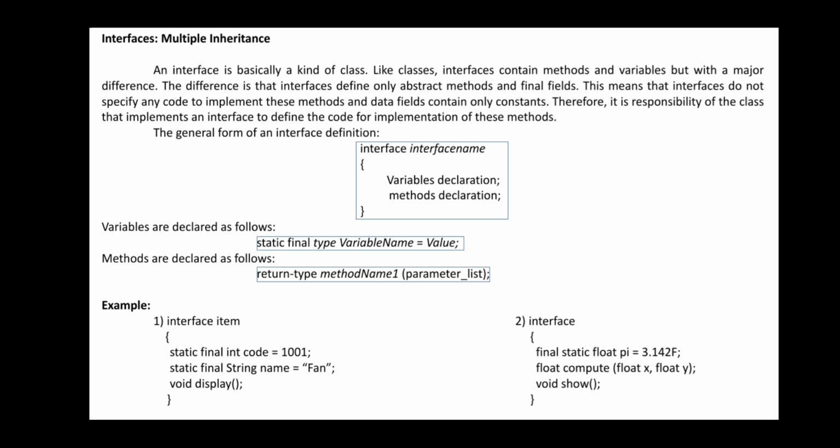In the previous example it was not defined, but here you define it with parameters, and another function is void show. So this is how the parameters, methods and variable declarations are defined with the final static information. This is how interfaces are defined.